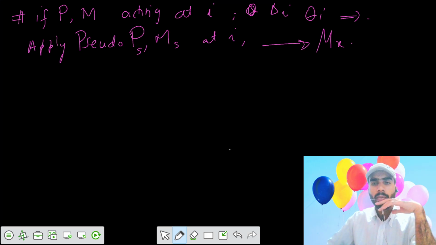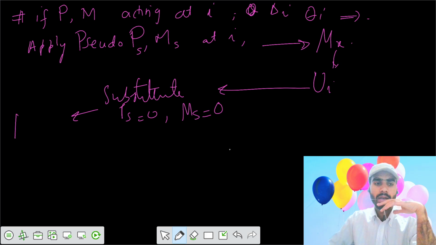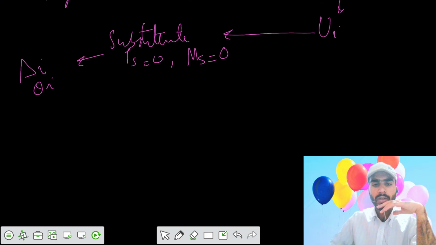Then you substitute the value of Mx in your strain energy and get the value of strain energy. Then you substitute the value of P pseudo equals 0, or if you want to find theta, you substitute the value of pseudo moment equals 0. Thereby you get the value of delta at I or theta at I. So we'll solve that question.